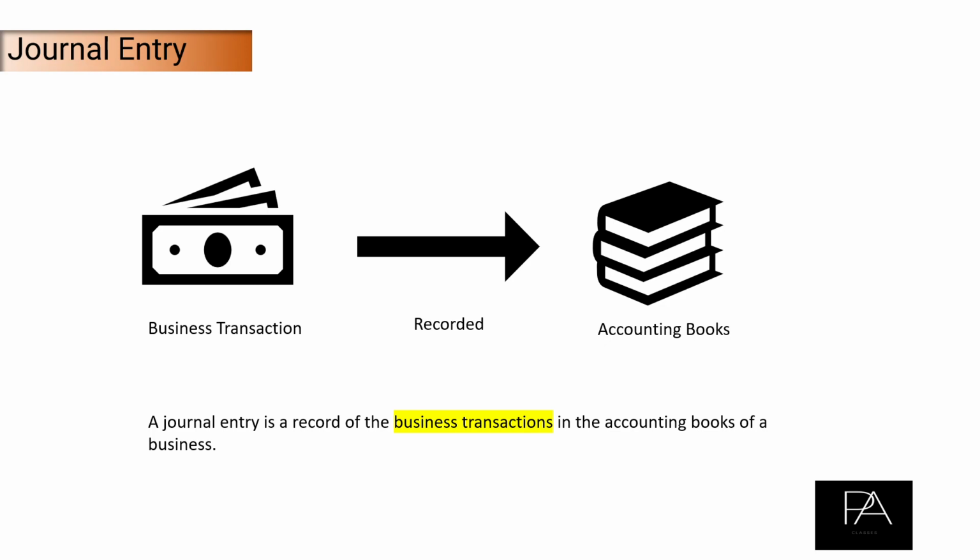So it is the record of business transactions in the accounting books of the business. That is called the journal entry. If you understand transaction very clearly, it becomes easy to get this definition as well: recording the business transactions in the accounting books, that is journal entry.